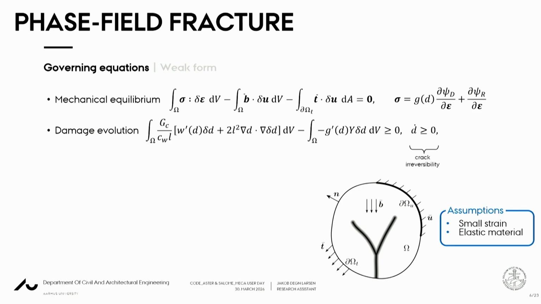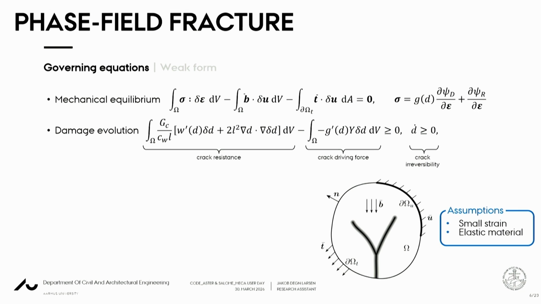And if we try to break down this equation, we have the first part, which is the crack resistance. Then we have the second part, which is the crack driving force. And then we have also an inequality in this equation. And basically it means that the crack resistance can be greater than the driving force, or it can be equal to the driving force.